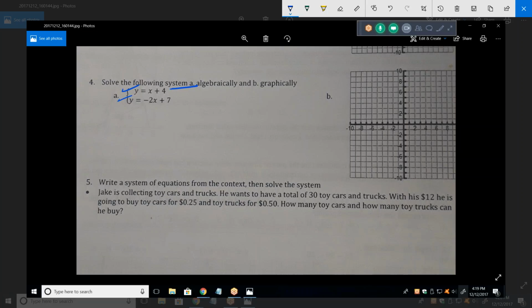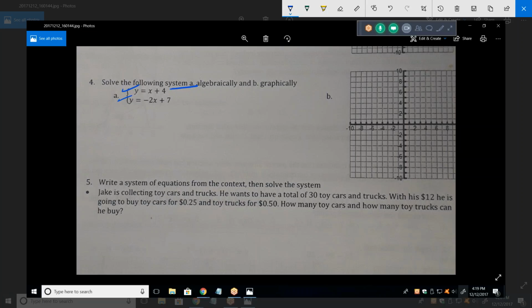And since we are in a system, those two y's are equal to one another. So how do I solve this? There's a real easy way. If the y's are equal to one another, then what else is equal to one another? The left side of these two equations are equal to one another.